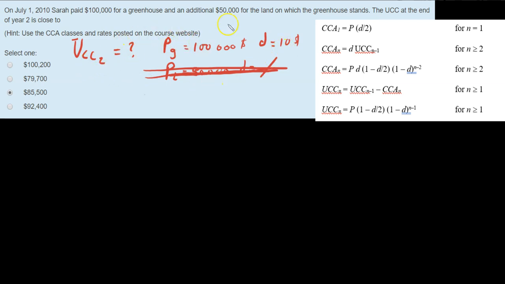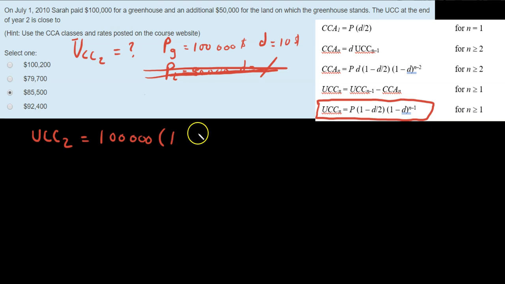So it's asking for UCC at the end of year 2. I want to just show you guys how to use the other formula, this one right here. You can directly find the UCC at year 2 without finding year 1 and year 2 and so on. So let's just directly try it out here. UCC2 is equal to P, the original cost, multiplied by 1 minus your depreciation rate over 2, and that's a percent, by the way.